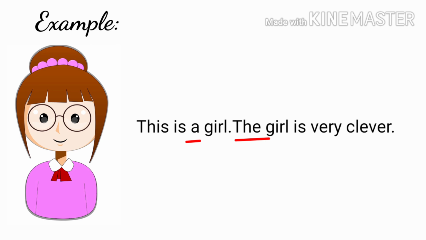Why we use two different articles to the same noun? In the first sentence, the girl is not mentioned before, so the girl is not familiar. So we use a girl. But when we come to the second sentence, girl is already mentioned. So we use the before the noun girl.